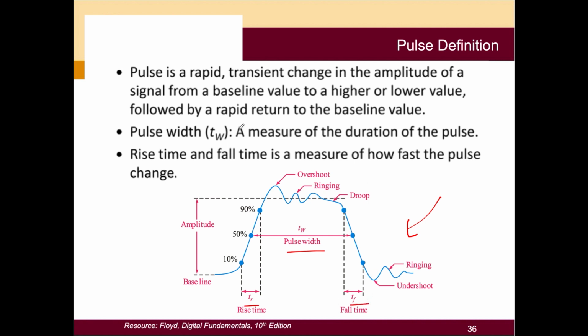The pulse width is a measure of the duration of the pulse. The rise time and fall time are a measure of how fast the pulse changes. So from here to here, how fast the pulse changes. Same goes to here for the fall time. So you need to know the pulse definition. You can go through those slides also.